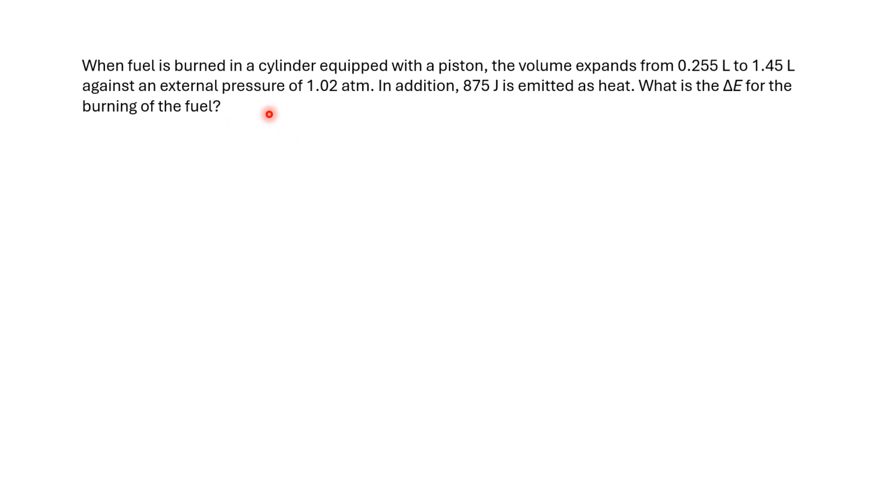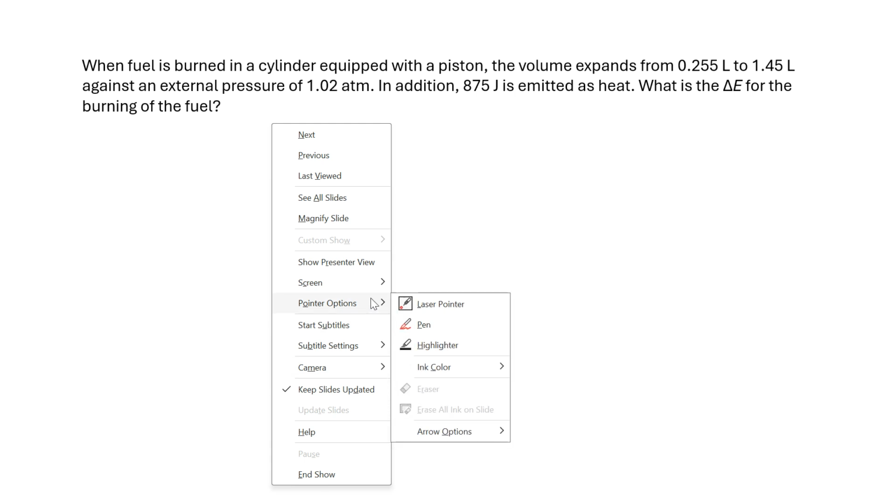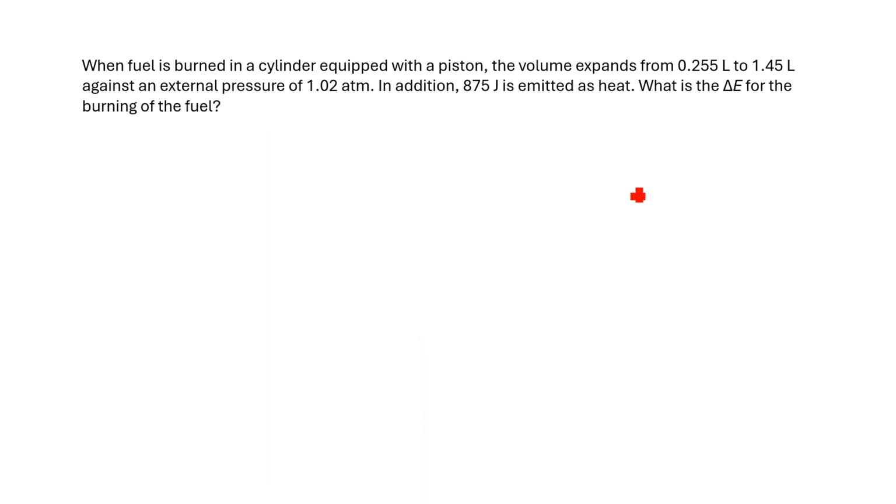So guys, just remember before we exit this video that delta E is equal to Q plus W. You can solve for W because W is equal to negative P external times the change in volume, right?